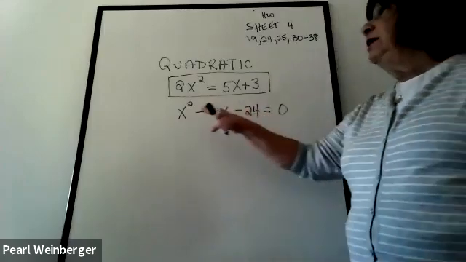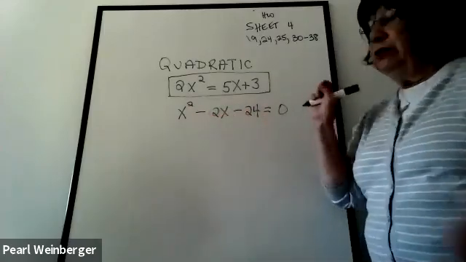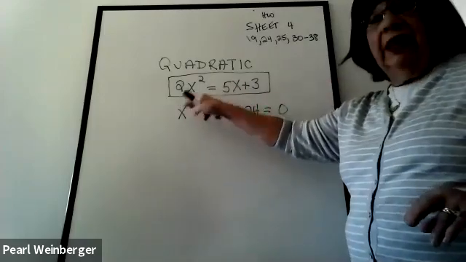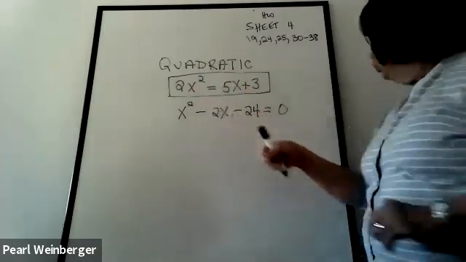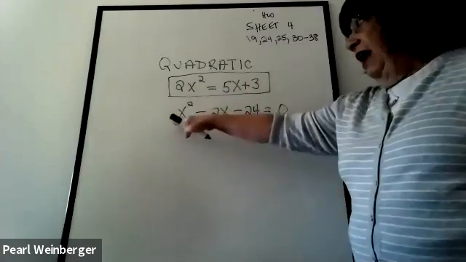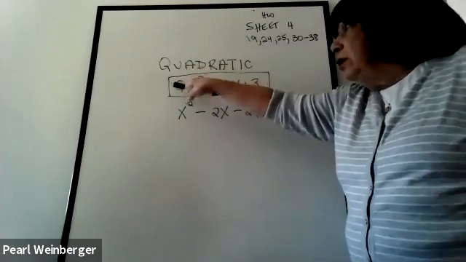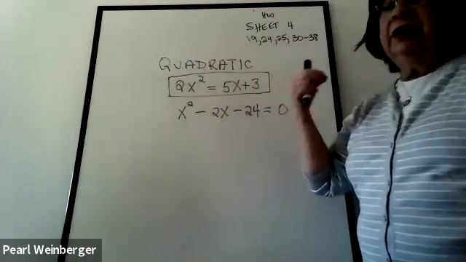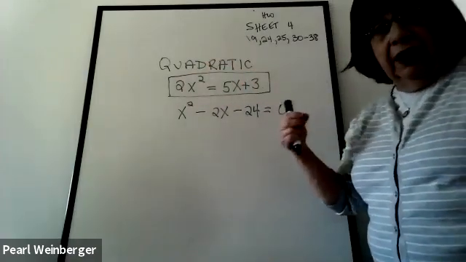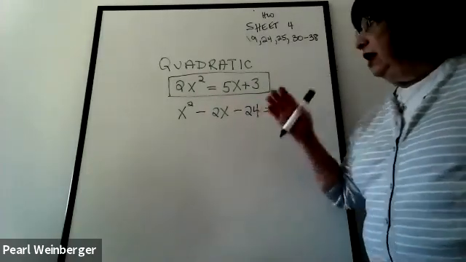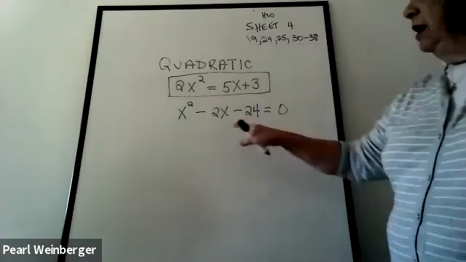Now people sometimes tell me, oh, I see it's a quadratic equation because it equals 0. No, it's a quadratic equation because what we have is an exponent of 2. So we know it's a quadratic equation just like this one. This didn't equal 0, but it was a quadratic equation because we had an x squared in it. It's a second degree equation. It has an exponent of 2.